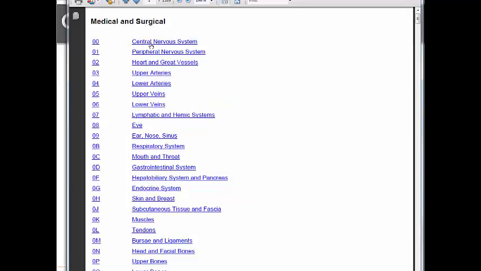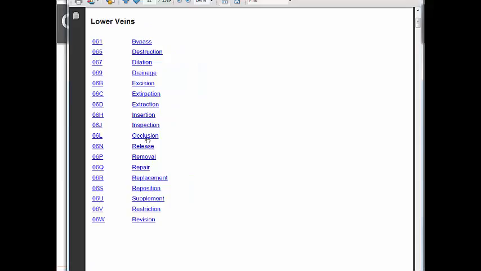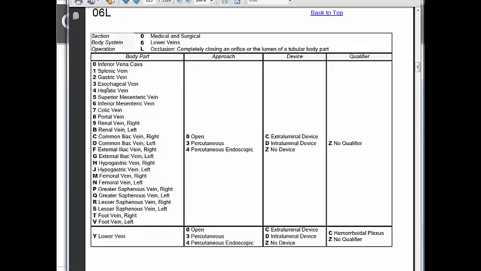Let's see, if we wanted to pull up our online code book, and I went to the medical surgical section, now esophageal varices are the lower veins, so my body system here is going to be the lower veins, and then I know it's occlusion because the ligation codes to occlusion, and here I have my esophageal vein.